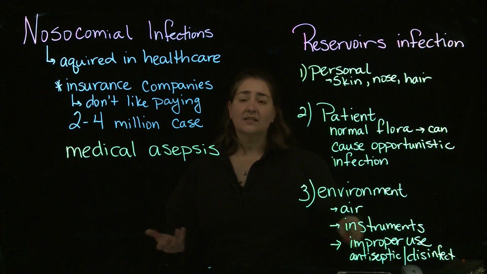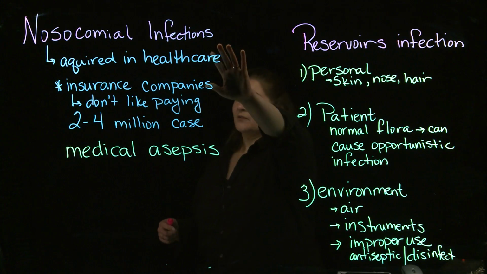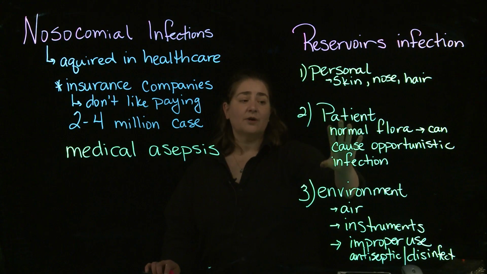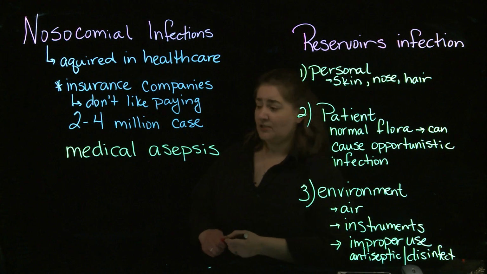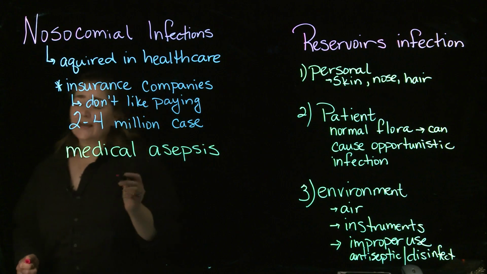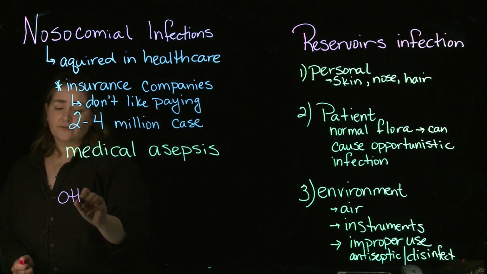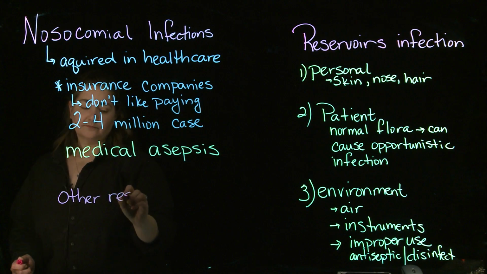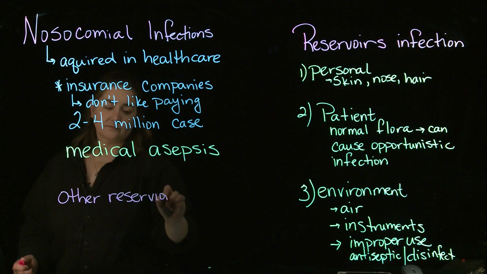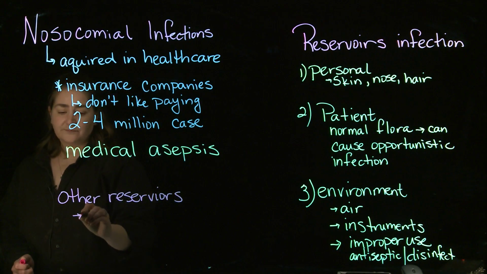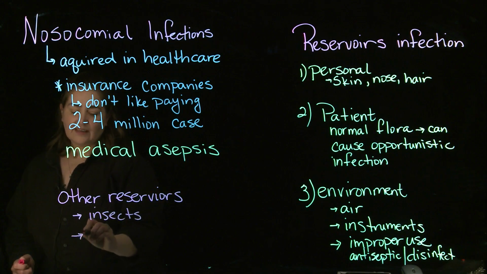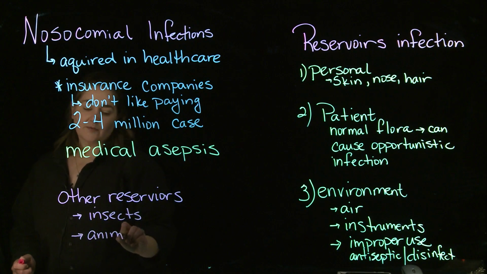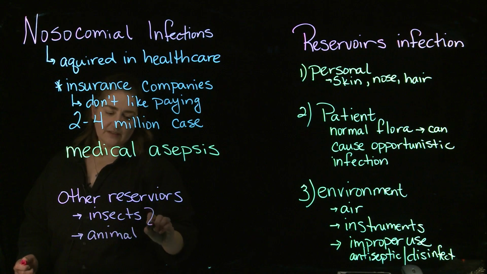Kind of a bit tangential to the nosocomial infections, because really these three reservoirs of infection are what we're talking about with nosocomial infections, all right? You can have other reservoirs, insects and animals being the most common, all right?